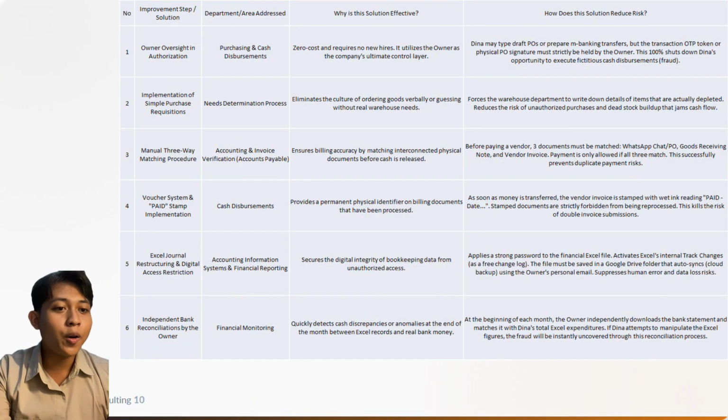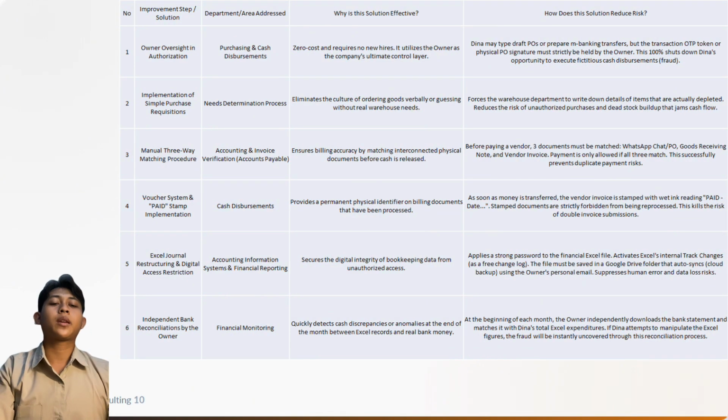At the beginning of each month, the owner independently downloads the bank statement and matches it with Dina's total Excel expenditure. If Dina attempts to manipulate the Excel figures, the fraud will be instantly uncovered through this reconciliation process.